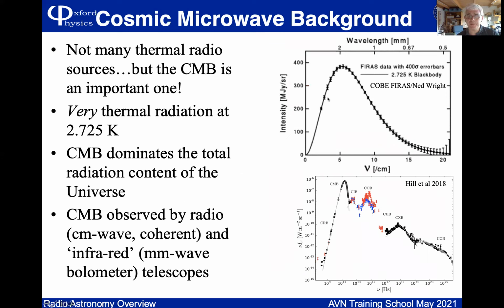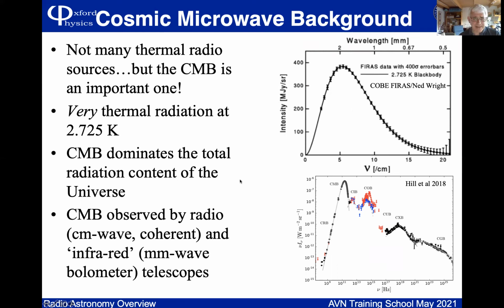This plot here is the famous spectrum of the microwave background obtained from the FIRAS instrument on the COBE satellite, and this is a plot of the best fitting blackbody spectrum, and these error bars have been increased in size by 400 times so that you can actually see them. So you can see that the spectrum fits the curve of a black body extremely well.